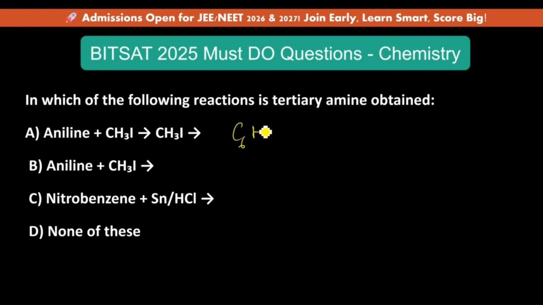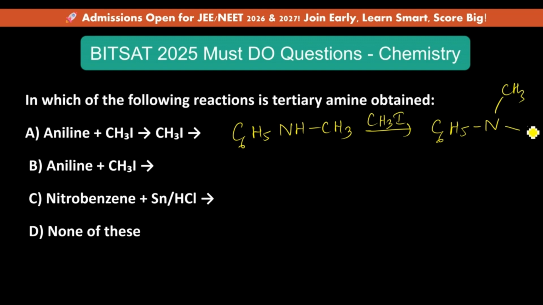Okay, so the first one, here I am treating aniline. So what will that give? C6H5NHCH3, HI will get eliminated. Correct? So again I am treating it with methyl iodide, which will give you C6H5N(CH3)2, HI will get eliminated. So this will give you a tertiary amine.